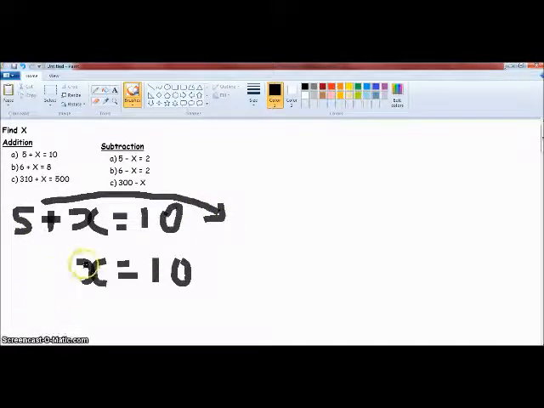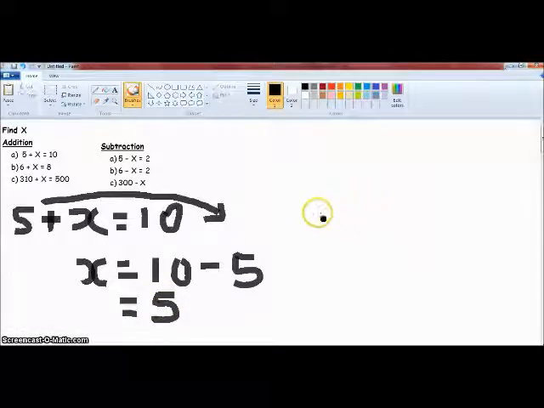So now what we shall have is x equals 10 minus 5. So this 5 now has a minus sign because it has moved over to the other side. Here I need to find the value of 10 minus 5, which is 5.